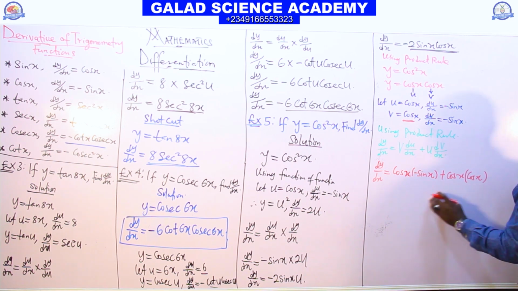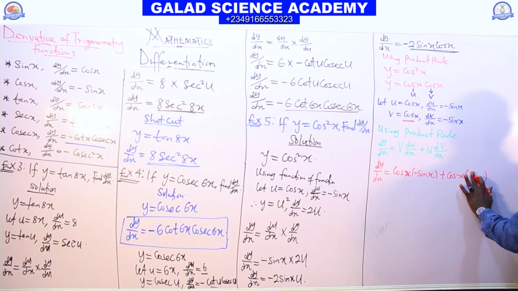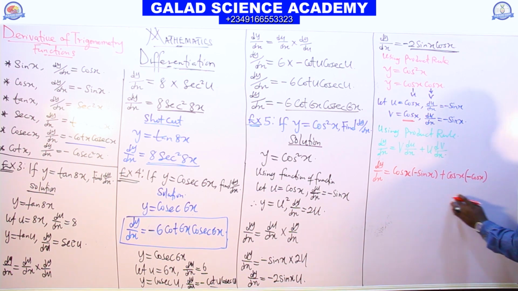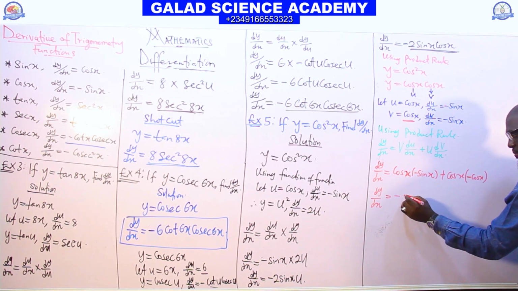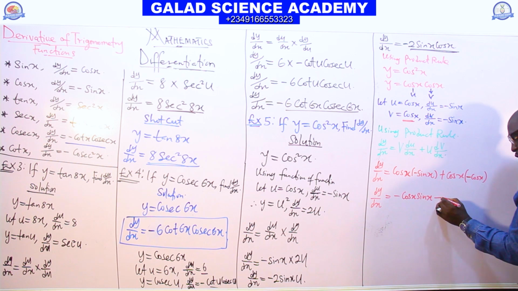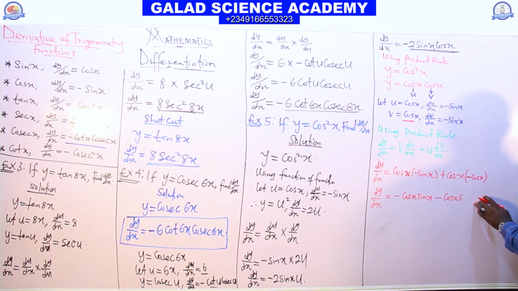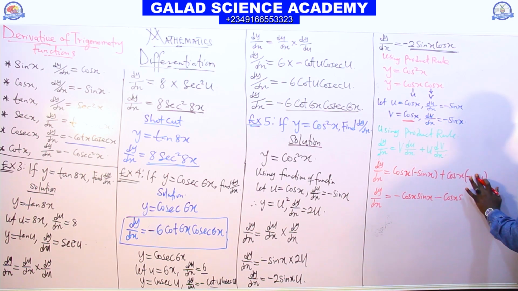So from this expression, we now have dy/dx equals minus cos x sine x, and here we also have minus cos x sine x. u is cos x and dv/dx is minus sine x.